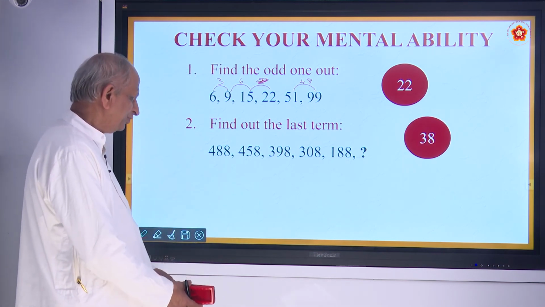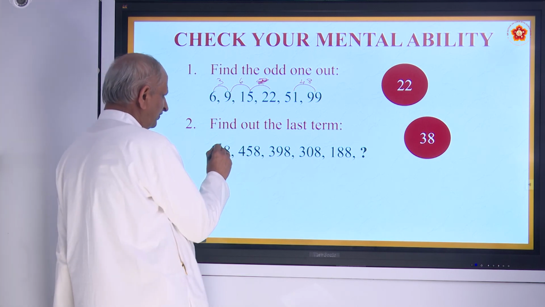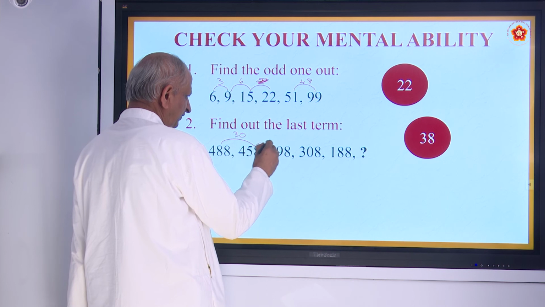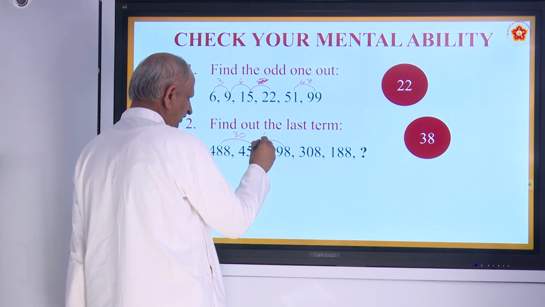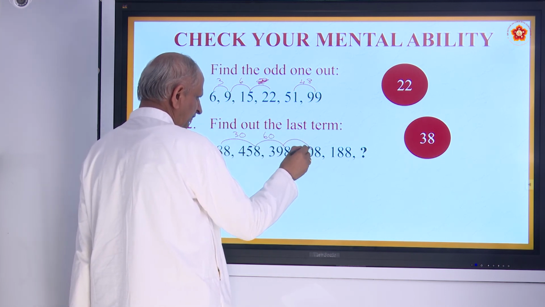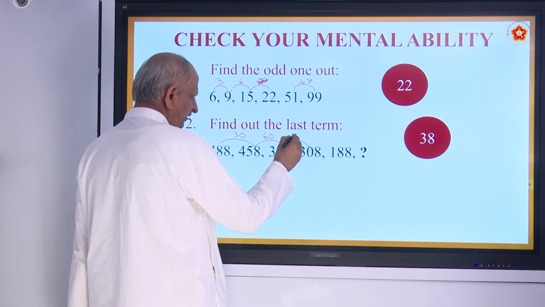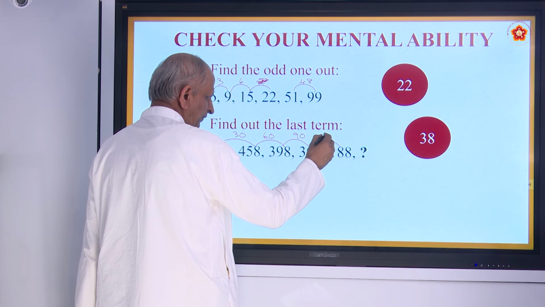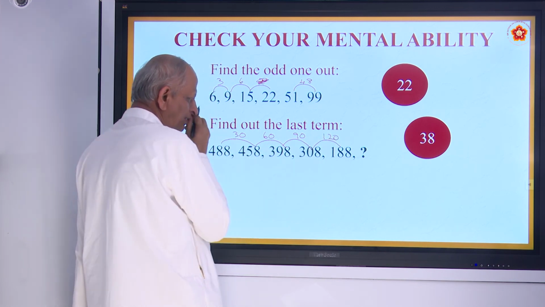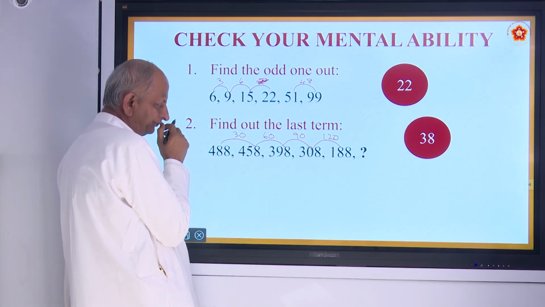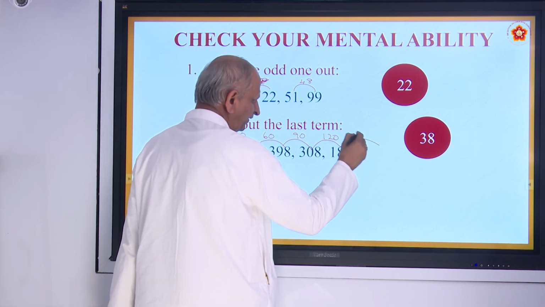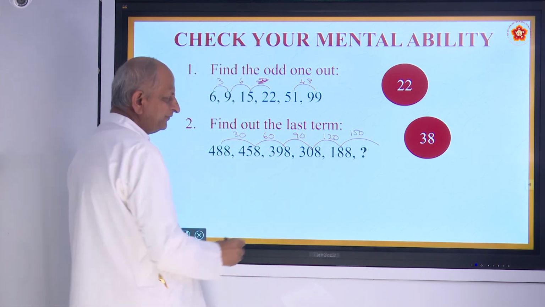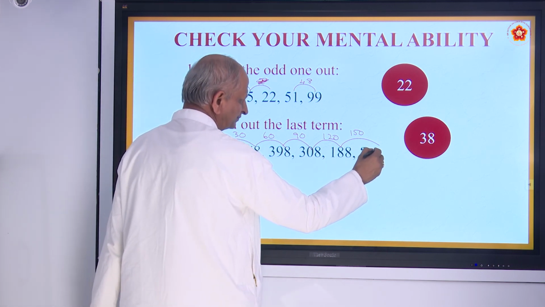Let us see why it is so. This difference is how much? 30, this difference is 60, this is 90, this is 120, and next must be 150. So 188 minus 150 becomes 38.